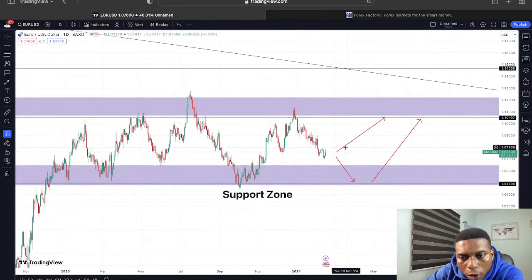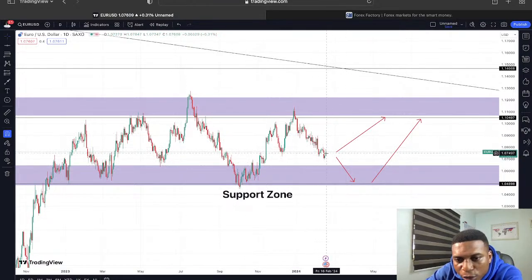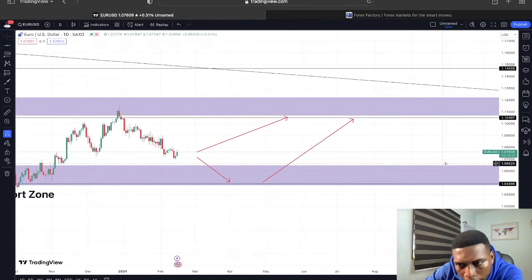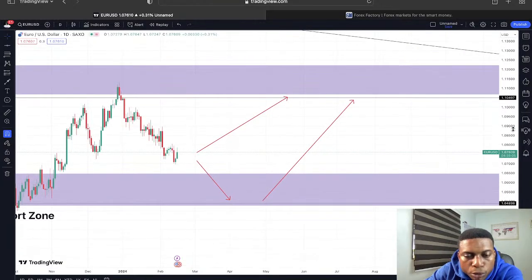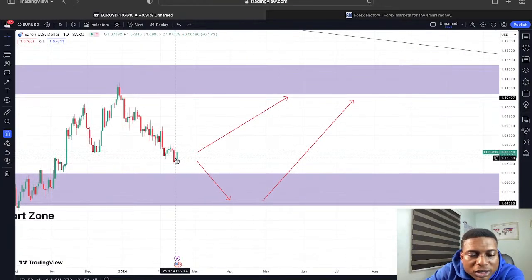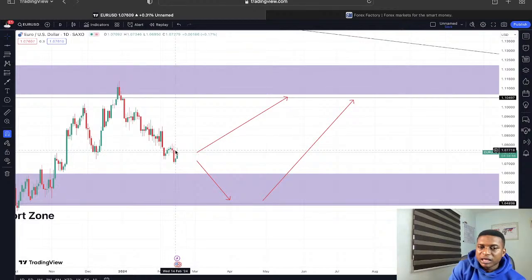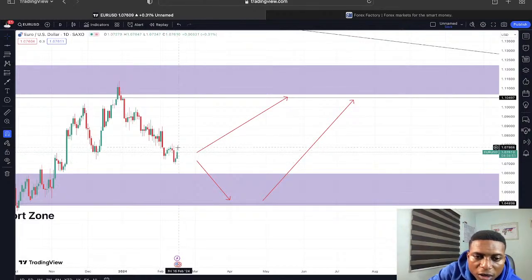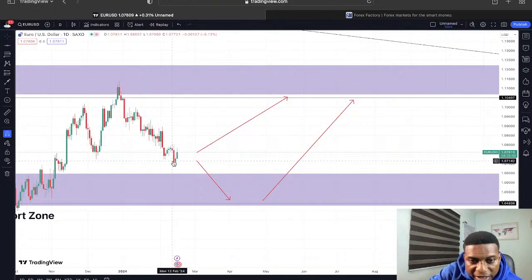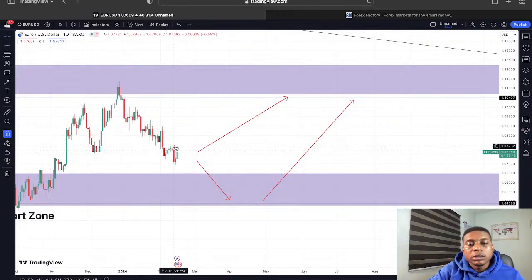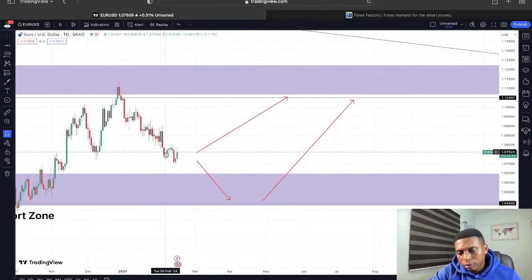From this level, we can also see that the third candle before the current candle is a bearish engulfing candle, which has signaled a sell pressure that is coming in.